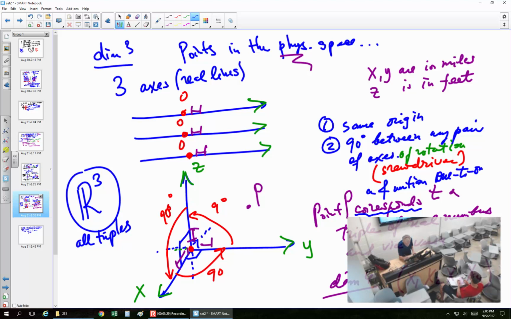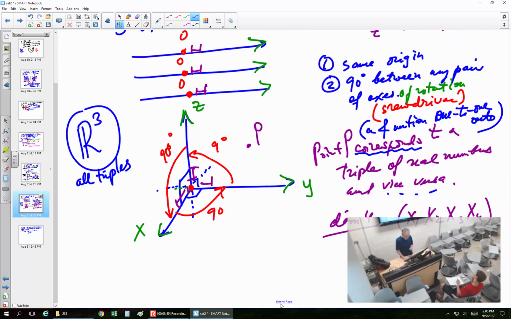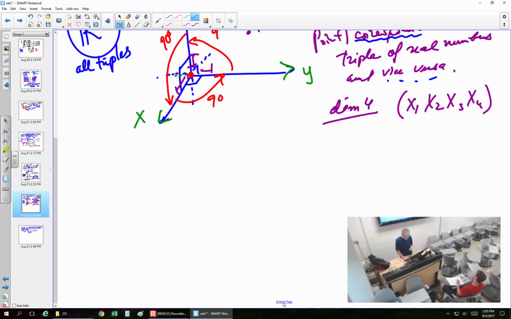The vice versa part indicates that it is one-to-one onto, so we can reverse the arrow from points to triples and from triples to points, and we can go back and forth without ambiguity. So dimension 4 is quadruples, and everything beyond, you can guess what they are, and so on.